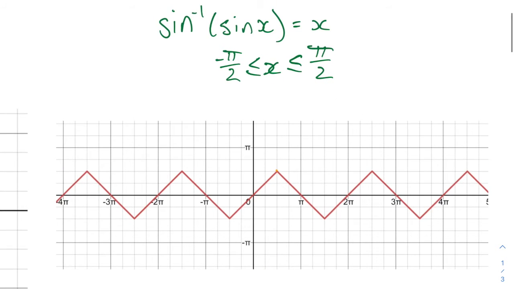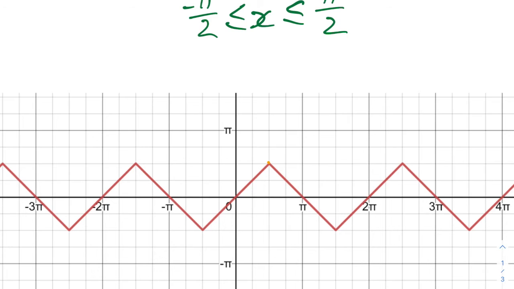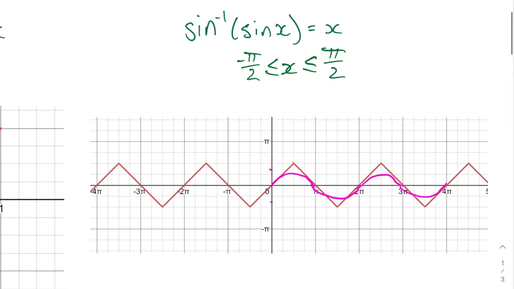Now, I'm just going to draw a sine curve on top of that. If you look at my values here, this is pi, so that's a bit more than 3. So 1 is down here somewhere, -1 is there somewhere. So the sine curve would look something like that. And it would repeat something like that. So if you, for example, put pi/2 into this function, sine of pi/2 gives you 1.